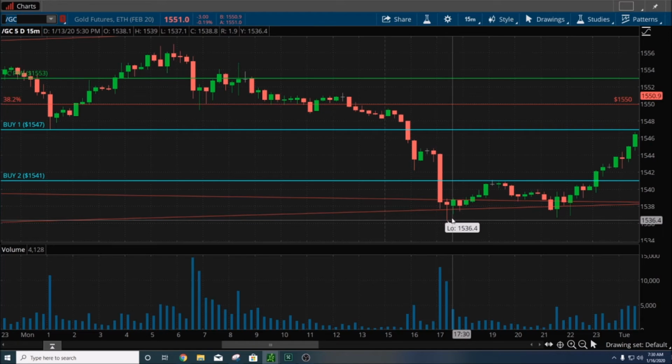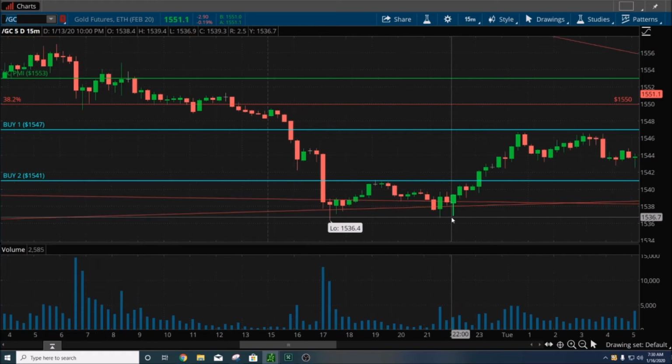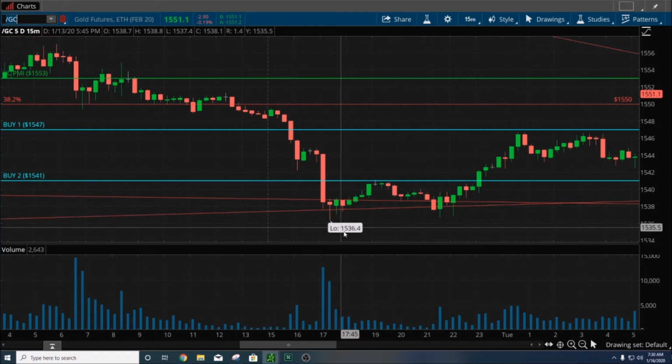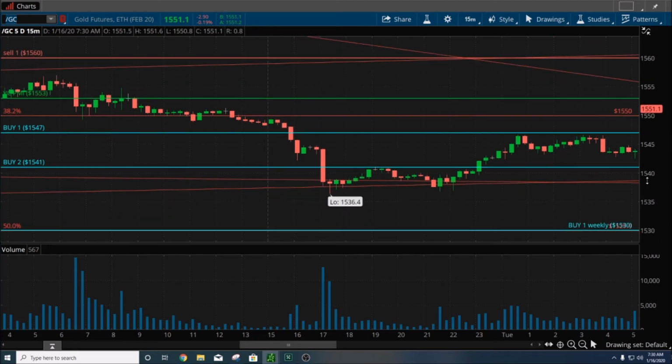As you can see here, it dropped below the B2 level, which is extremely oversold, and it gravitated once again from making a low of 1536.40, which puts us almost into that weekly number.